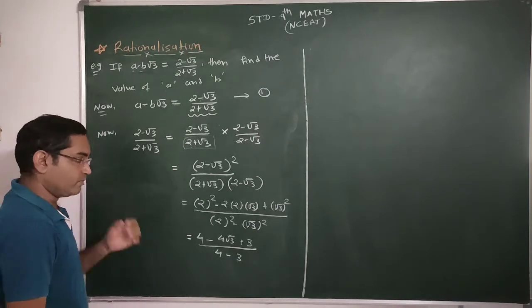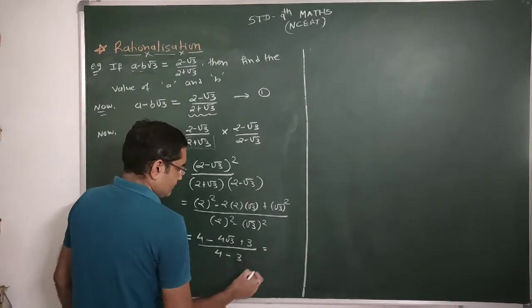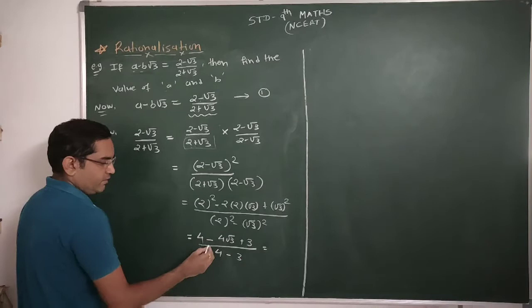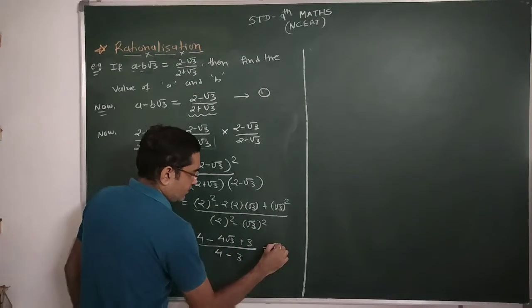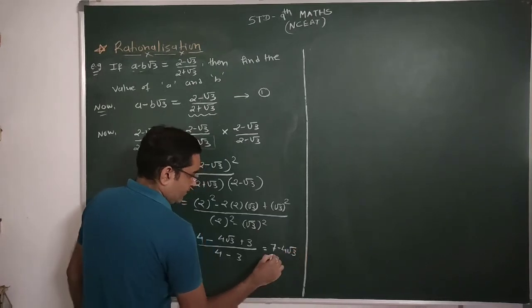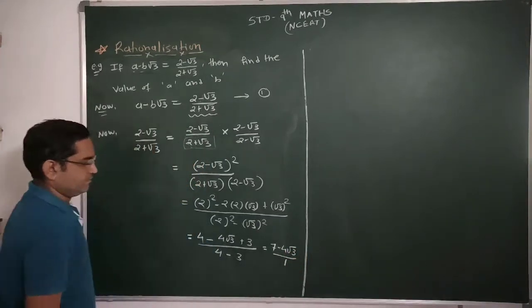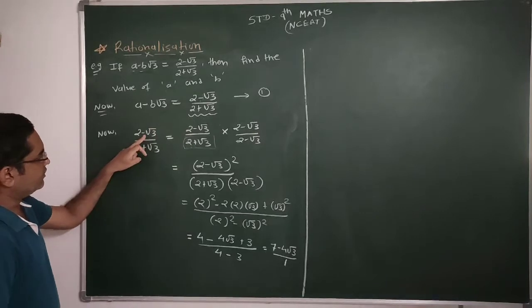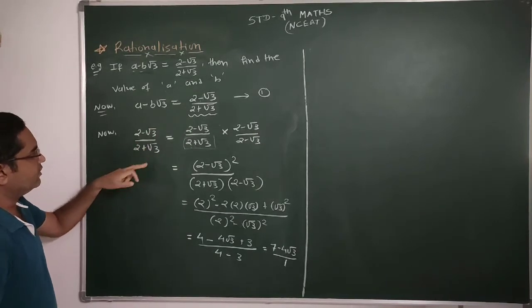Now what is the simplification of this, student? So this is 4 plus 3, 7 minus 4 root 3. So it's 7 minus 4 root 3 whole divided by 1. Done? This is equal to 2 minus root 3 upon 2 plus root 3.